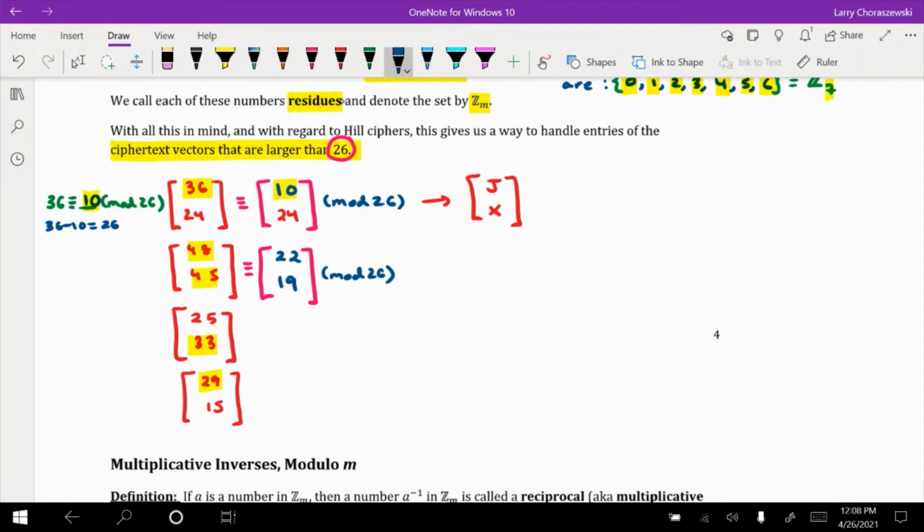Yep, I agree, 19. So the ciphertext for the two letters that gave us that vector would be V and S.